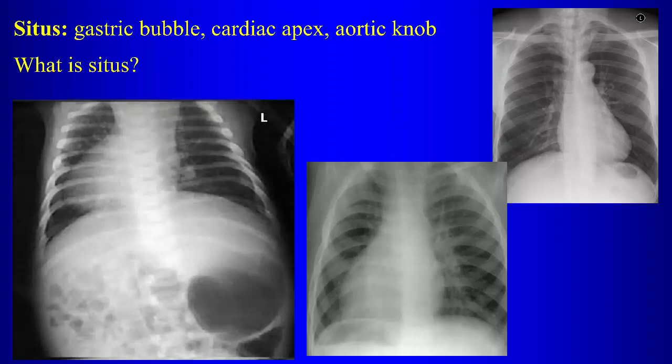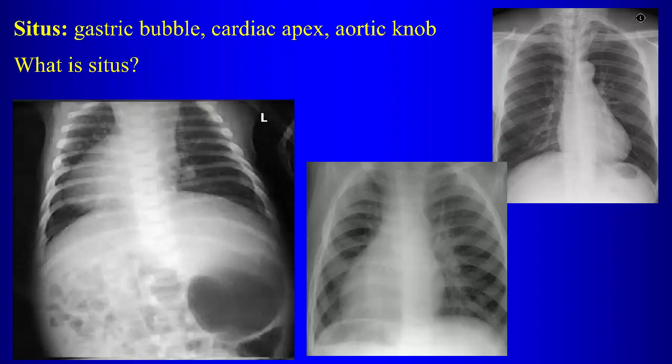No. Side of venous return of blood? No. What's left? I think you picked off everything. The atria. When you're talking about situs of the heart, you're referring to the atria.